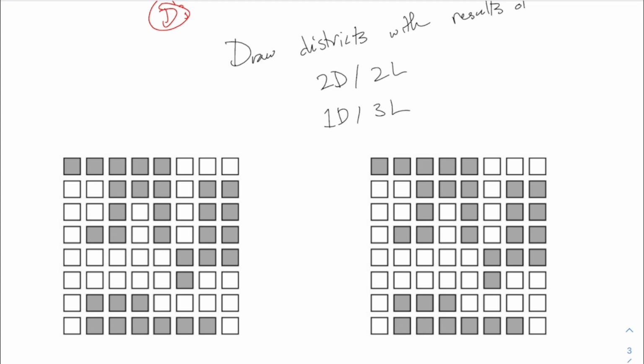For the one B3, we should try to make one that's on all of the dark scores.